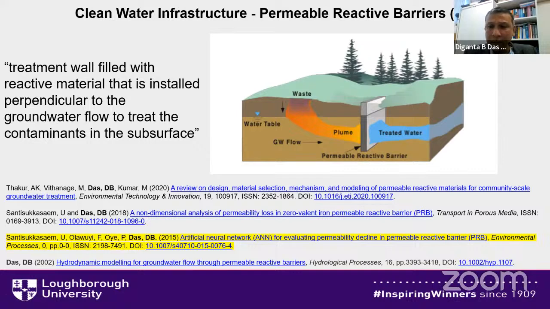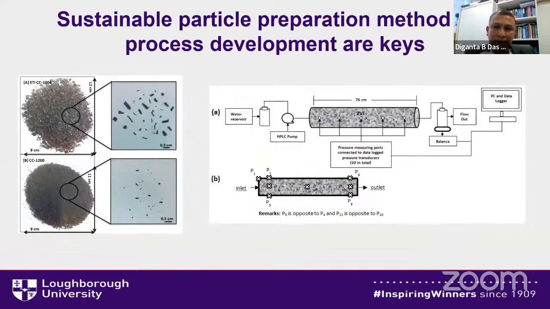It is a porous media system, and the idea is that it is energy efficient. There is no pumping required. It's an energy efficient system and helps achieve clean groundwater. The design of this obviously depends on the selection of the material.